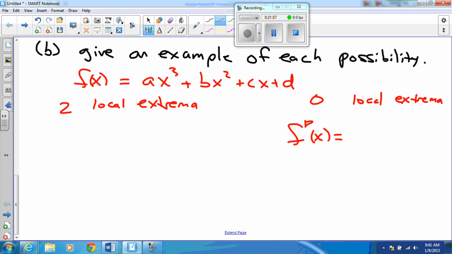X squared. That'll work. What was it about this that made it tangent to the axis instead of going through? Yeah. Y-intercept 0. It has a y-intercept of 0.